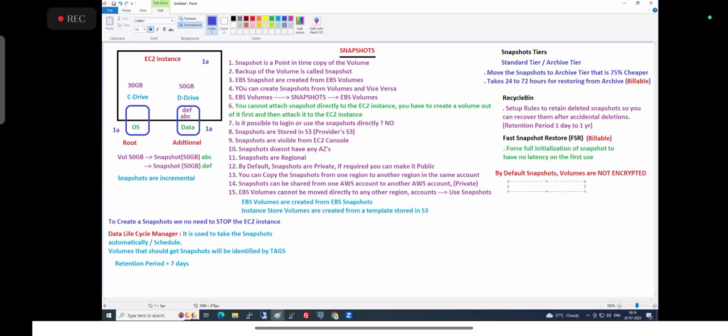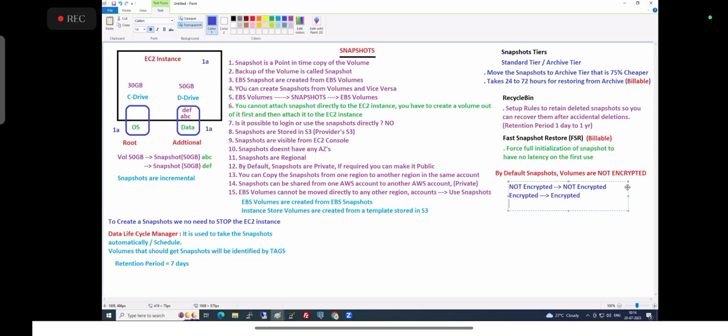Tell me one thing. Let's say I have a snapshot which is not encrypted, or a volume which is not encrypted, and you create anything out of it. Is it encrypted or not? Not encrypted. Now if you have something encrypted, anything you create from it is encrypted.